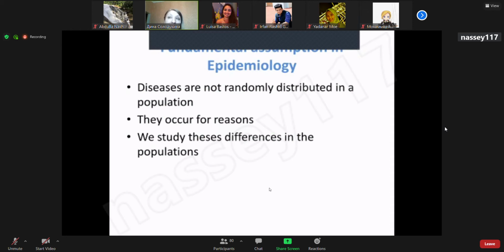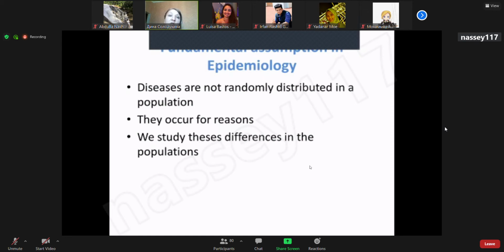And if we know that diseases occur for some reasons, that there are some important factors which can serve as exposures, or we can call them risks, we must study these differences in the populations.